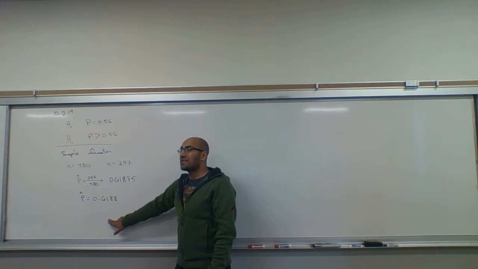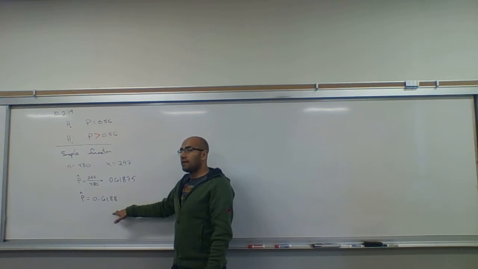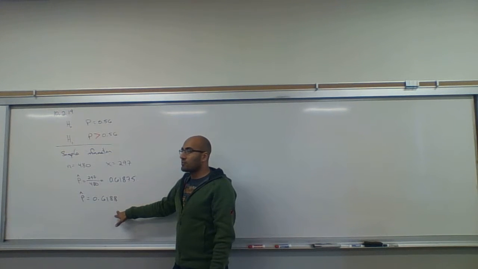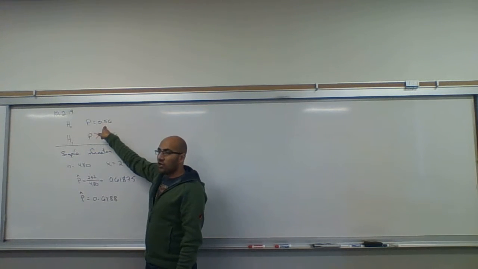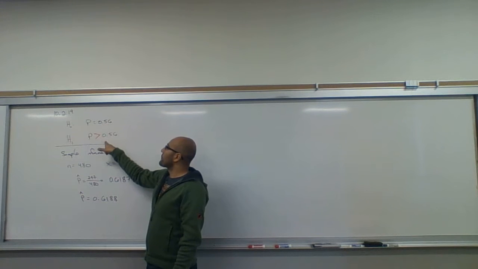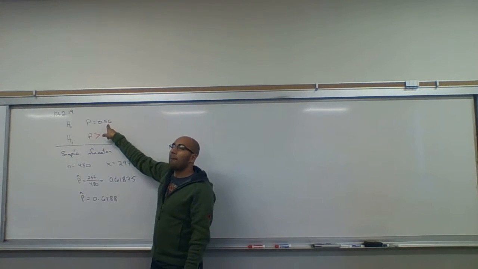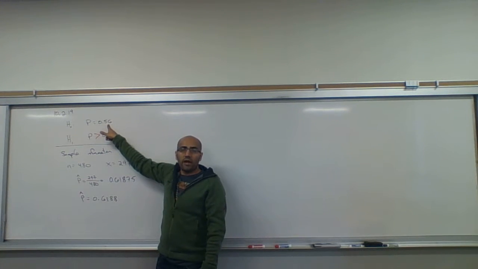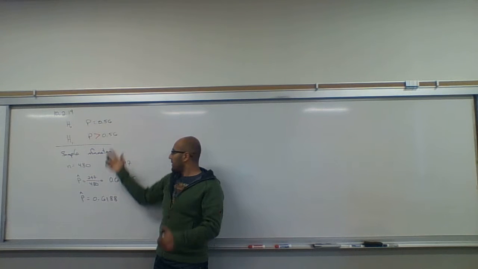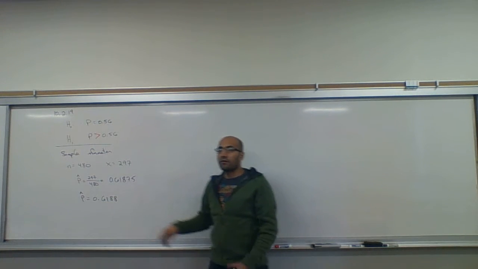The likelihood is less than 1/2 of 1%. So when the likelihood is very small, we reject the null hypothesis in favor of the alternative, right? It's unlikely that the population proportion really is 0.56. It's more likely that it is a little bit bigger because our sample result was a little bit bigger.